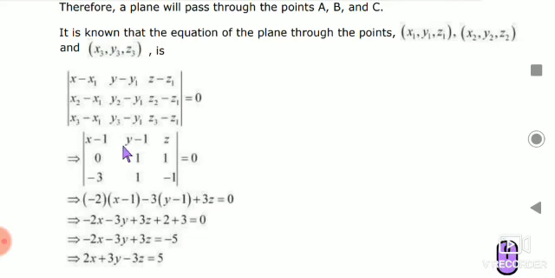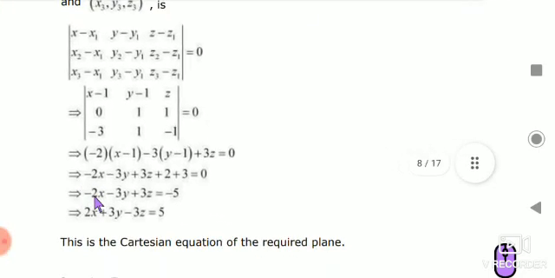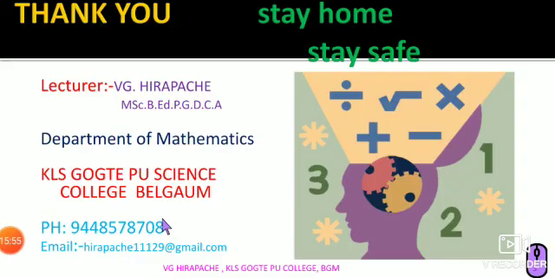Replacing the values, we get the determinant, and then we get the equation of the plane 2x + 3y − 3z = 5. This is the Cartesian equation of the plane in the Cartesian form.